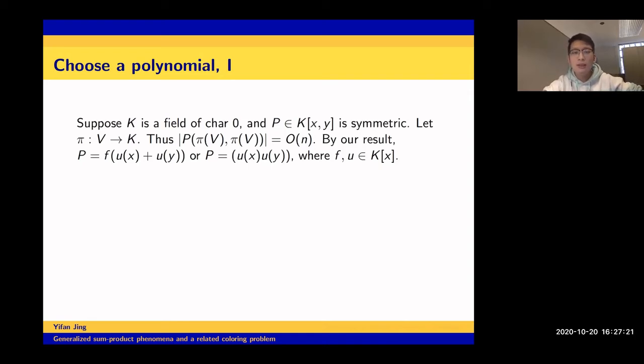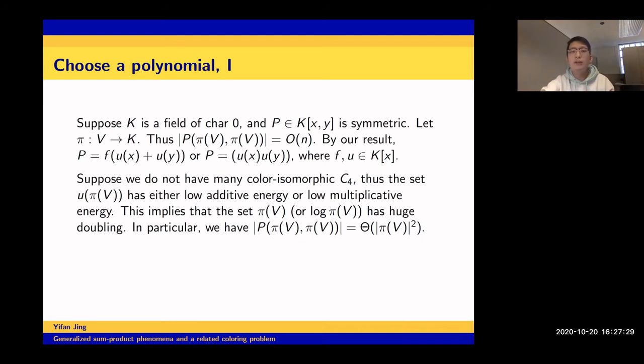And in this case, we are hoping that we have a small number of color isomorphic C4. Suppose we do not have many color isomorphic C4. Then that means u(x) plus u(y) should have lots of points with u(x1) plus u(y1) equal to u(x2) plus u(y2), something like that.